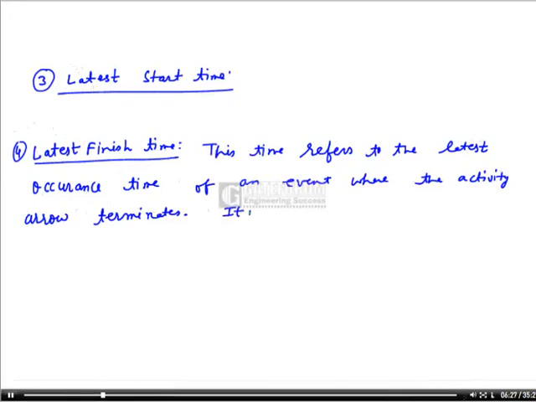It is denoted by LF I to j. So LF I to j is the TL of j.